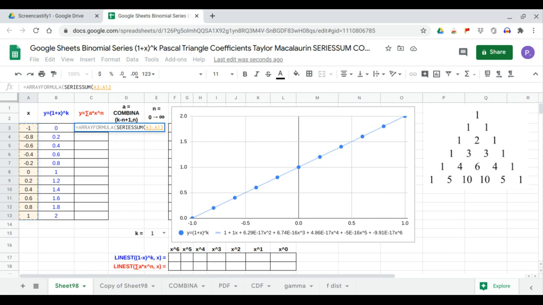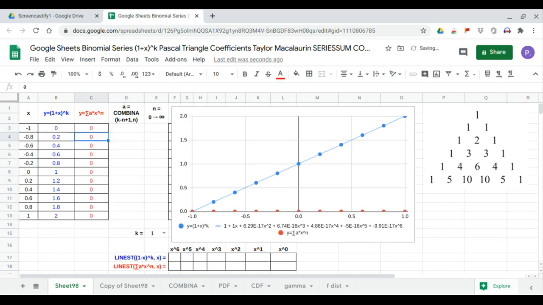And our n will start from 0 to infinity, and the interval is 1. And the coefficient will be this range. And we'll work on the values of n, that's 0 to infinity.